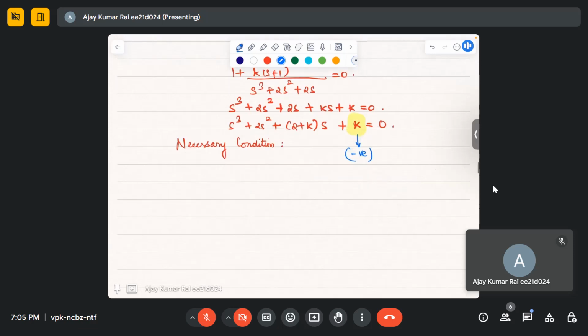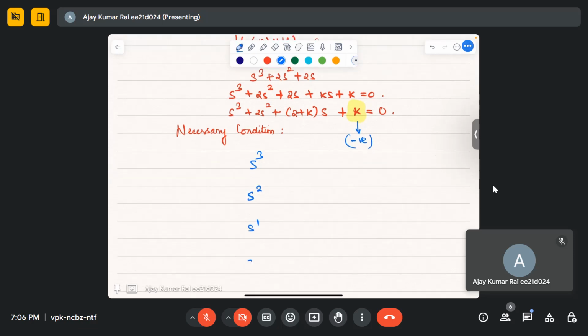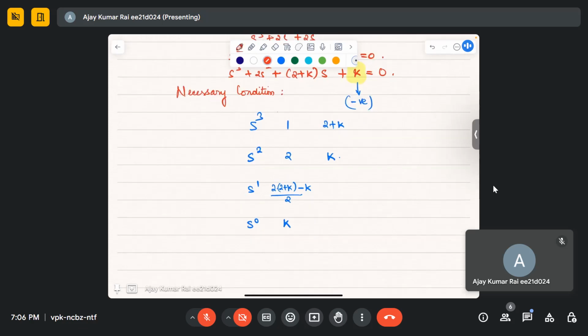Okay, so if you construct the Routh array also, s cube, s square, and so on, you put 1, 2, then 2 plus k and k. Here you will get (2 into 2 plus k minus k) by 2, and here you will get k. If you see this column, you know k is negative, so this is negative.